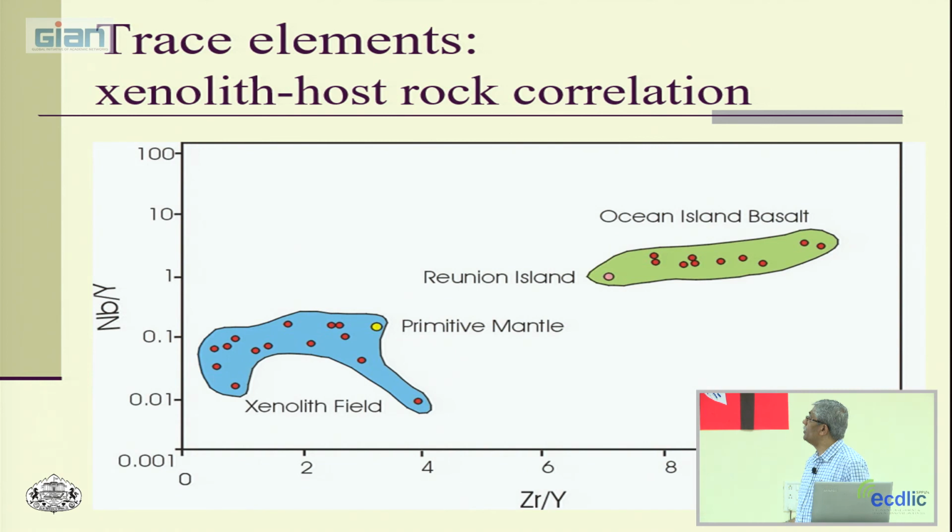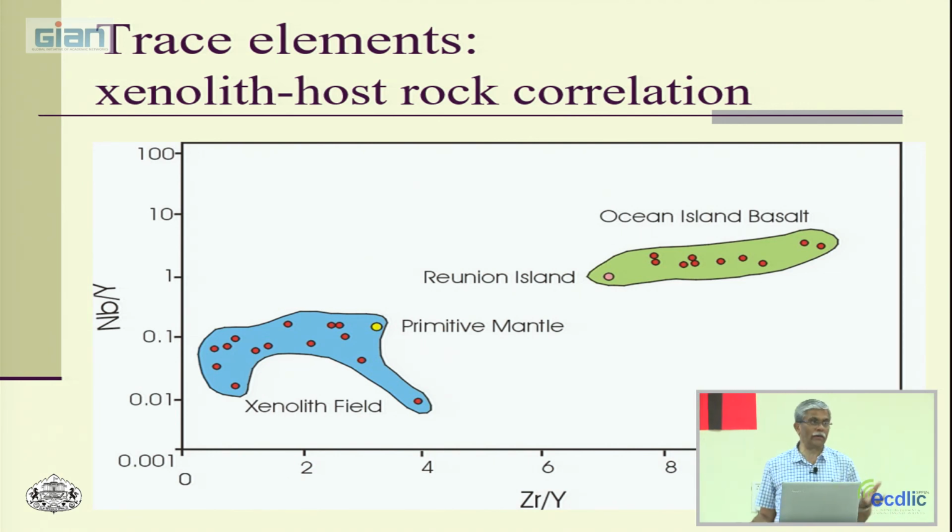Then when the trace element data of the Kutch xenoliths is compared with the Zr versus Y, Nb versus Y plots, and this is basically your alkali basaltic magmatic rocks, you generally find that there is to a great extent an array between these two end members. So probably during the emplacement, the magma has picked up some characters of the subcontinental lithospheric mantle.